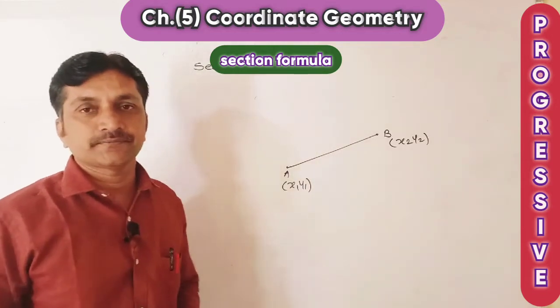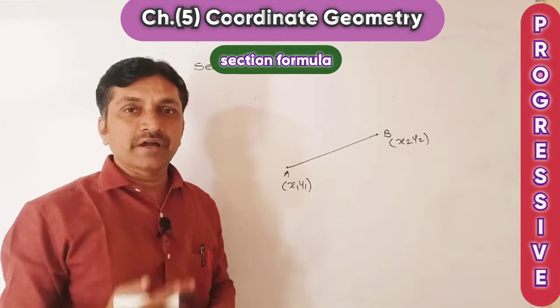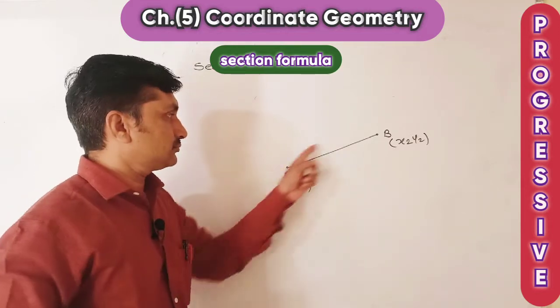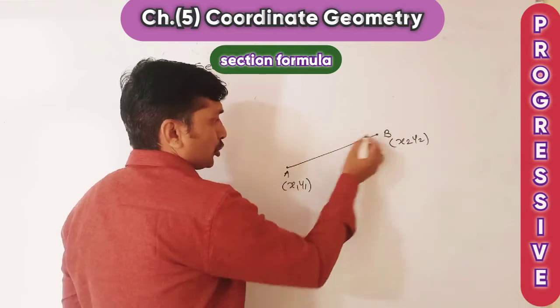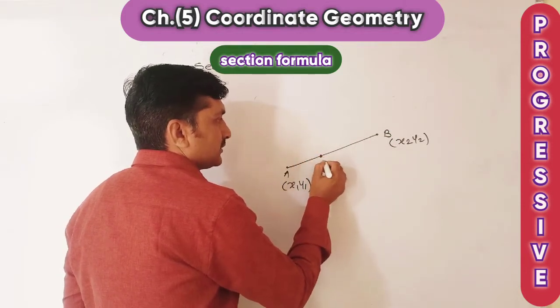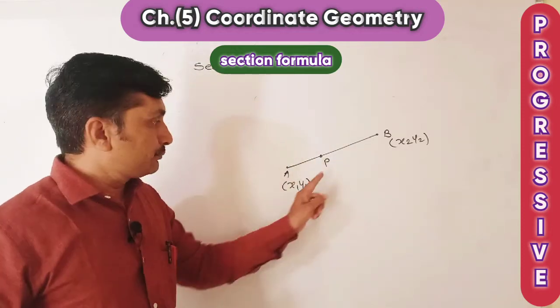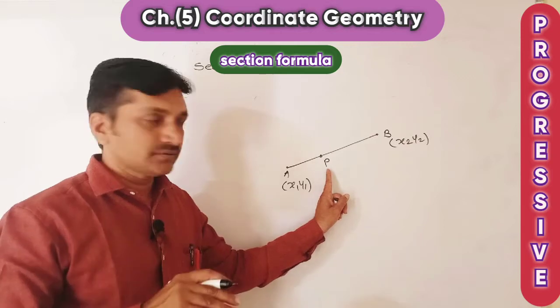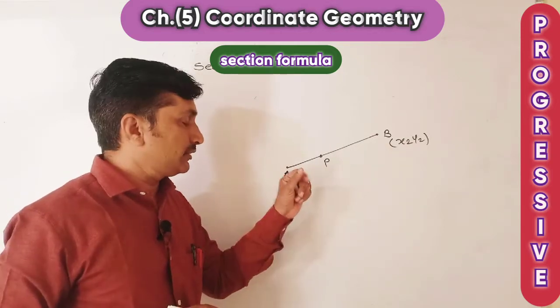If we plot a point anywhere on segment AB, suppose I plot it here and call it point P, then point P divides seg AB internally.